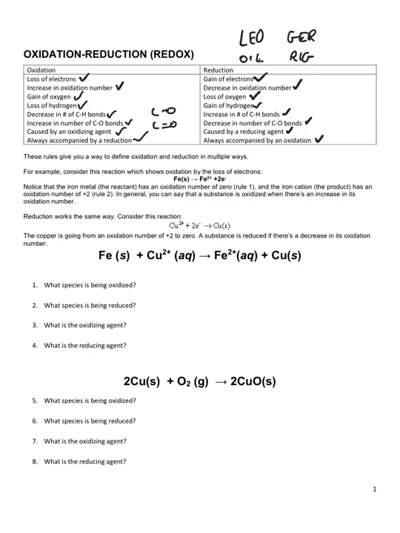Fe solid goes to Fe2+ ion plus 2 electrons. We're losing electrons. Loss of electrons is oxidation. The iron is going from a 0 oxidation number to a +2 oxidation number. An increase in oxidation number is an oxidation.